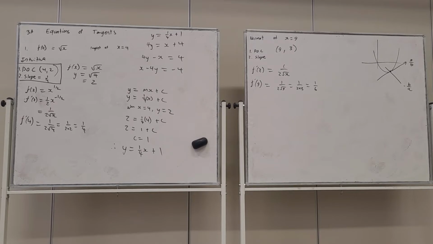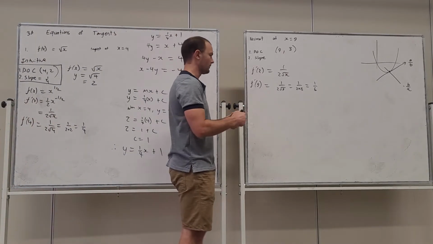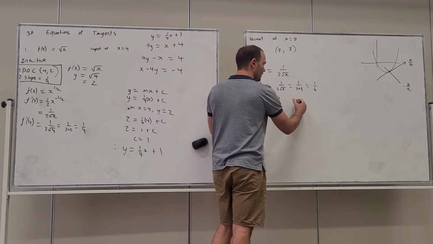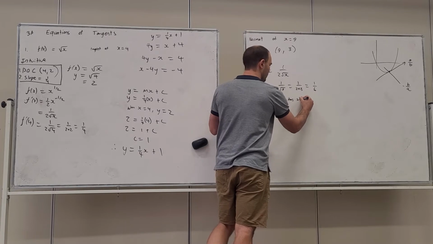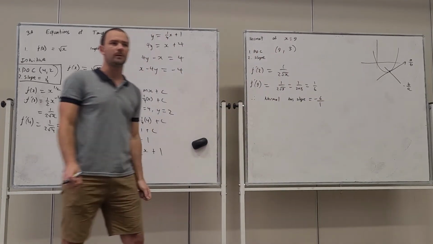That is the slope of the tangent. We are finding the equation of the normal. Alright, so because we're finding the equation of the normal, we're going to perform the negative reciprocal. Therefore, the normal has slope minus 6 on 1. We flip it.